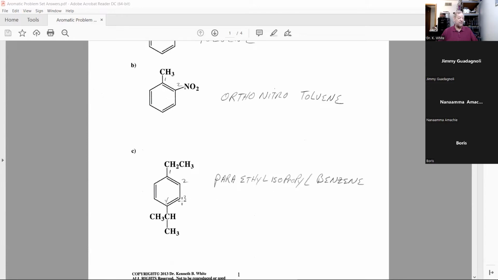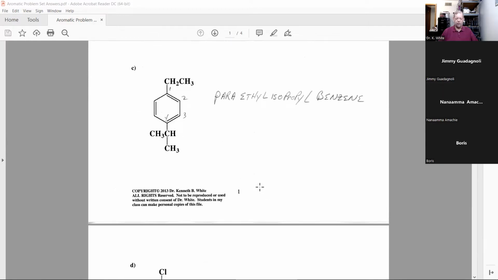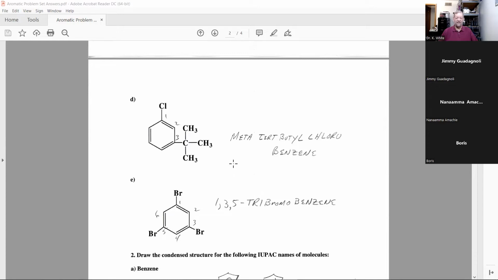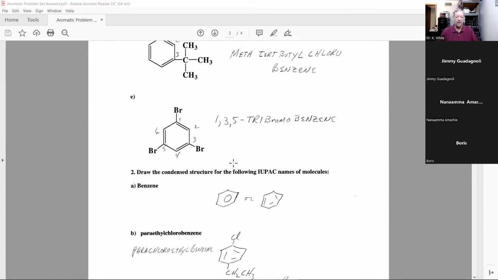And here we have a benzene ring with an ethyl and an isopropyl. And if you put the isopropyl first and the ethyl second, I'll still give you credit. That's 1,4 disubstituted, and that would be para. So it's para-ethyl isopropyl benzene. And here we have some more. Now, if you have more than one group, use numbers.